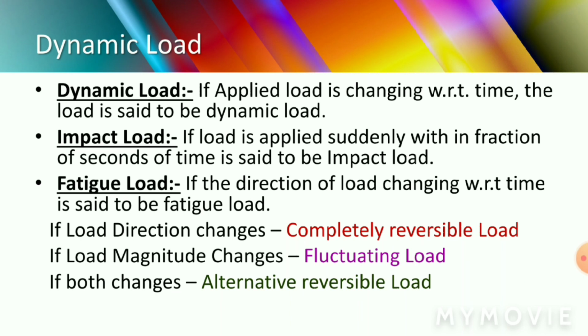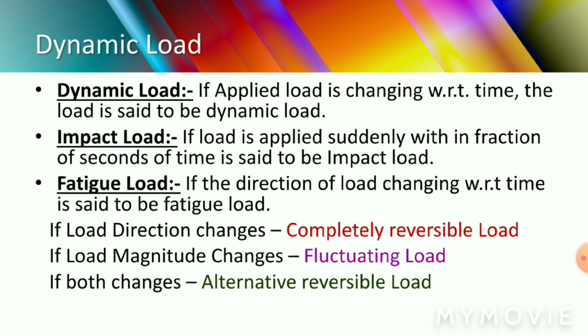Fatigue load. If the direction of load changes with respect to time, then it is said to be fatigue load. For example, you jumping on a pillow or bed. What happens when you touch that pillow?